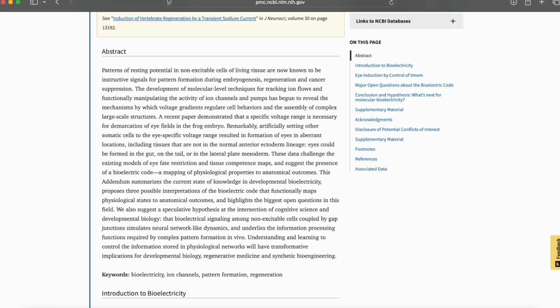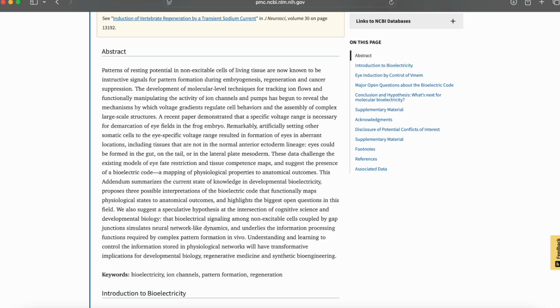This addendum summarizes the current state of knowledge in developmental bioelectricity, proposes three possible interpretations of the bioelectric code that functionally maps physiological states to anatomical outcomes, and highlights the biggest open question in this field. We also suggest a speculative hypothesis at the intersection of cognitive science and developmental biology, that bioelectrical signaling among non-excitable cells, coupled by gap junctions, simulates neural network-like dynamics and underlies the information processing functions required by complex pattern formation in vivo.